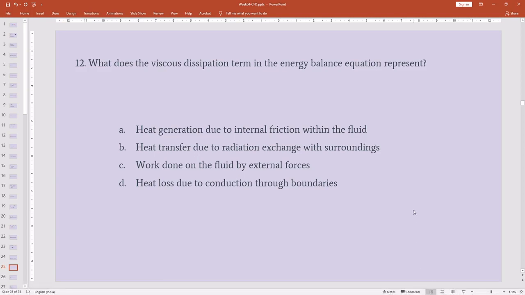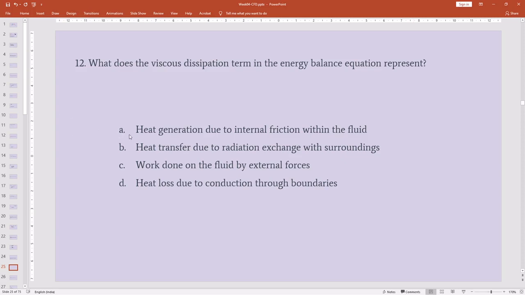So moving forward, what does the viscous dissipation term in the energy balance equation represent? We have seen the derivation of the energy balance equation. From that, what does the viscous dissipation term in that particular equation represent?